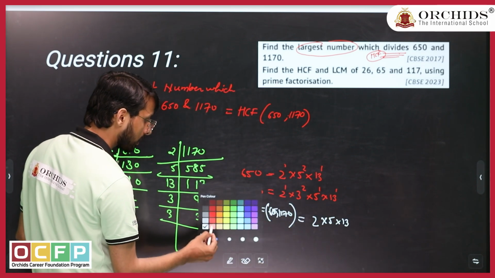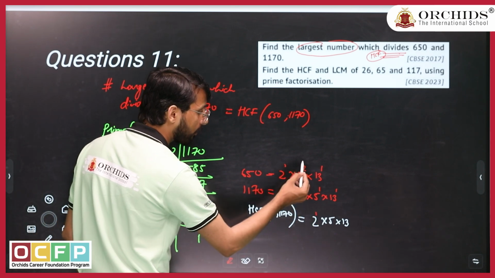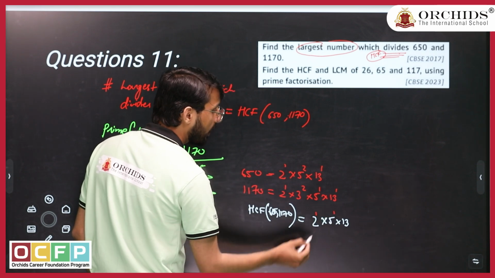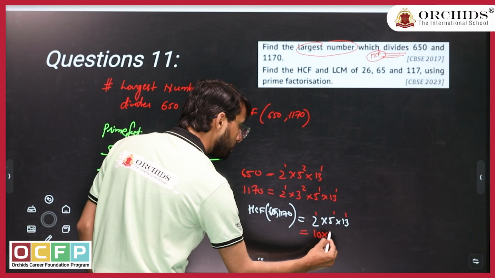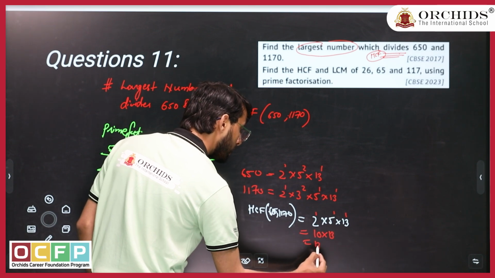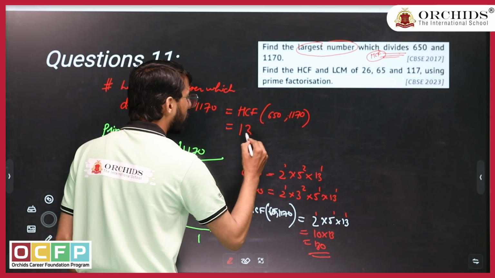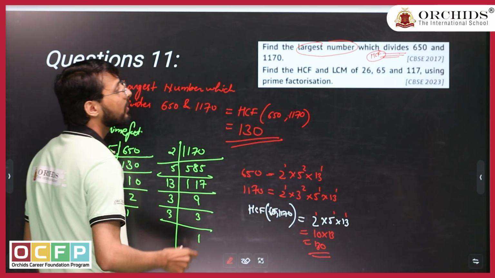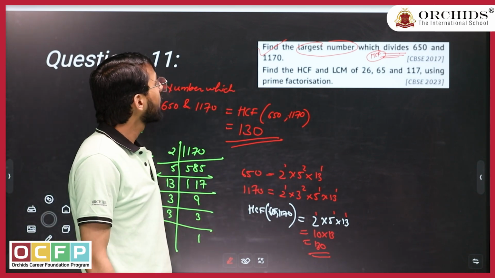After common, take the lowest power: for 2 the lowest power is 1, for 5 the lowest power is also 1, and for 13 the lowest power is also 1. So what did we get? 10 into 13, 130 is the HCF. So 130 is your largest number which will divide 650 and 1170.